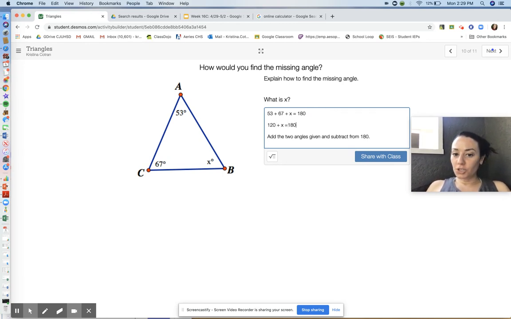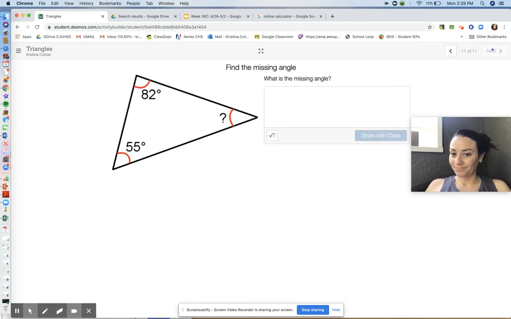So now we need to just subtract 120 from both sides. What do we get when we do that? What does x equal? X equals 60 degrees. Nice. We got one more.